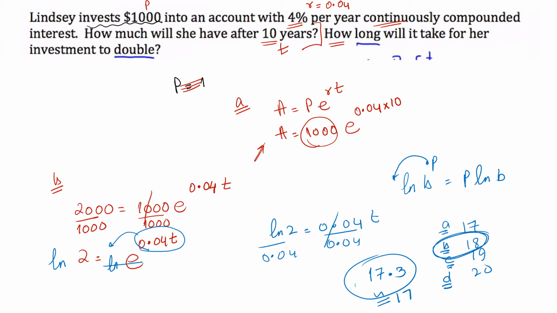So again, explaining to you that whenever they ask you to find the time in the compound interest formulas, and the answer for the time comes with a decimal, do not round it off and bring it back to the lower number.